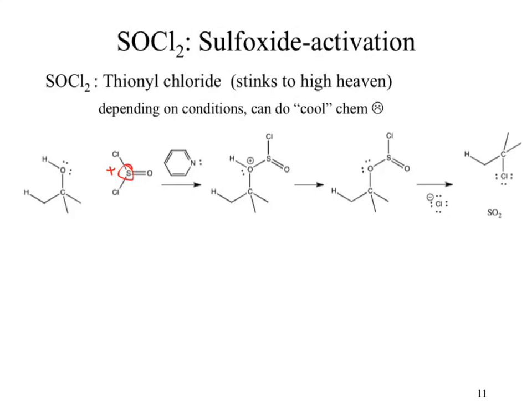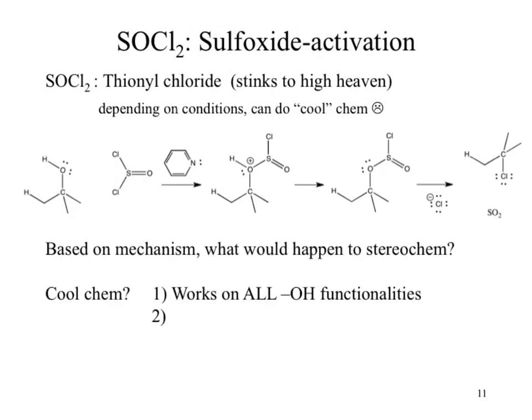What we are concerned about is the stereochemistry of this reaction. Okay? The next thing that makes this even more interesting with our thionyl chloride, well, we'll stick with the inversion for the moment. Our cool chemistry is it works on all OH functional groups. What OH functional groups are there? Carboxylic acids and alcohols. Because we've now reached our alcohol chapters when we first talk about it.